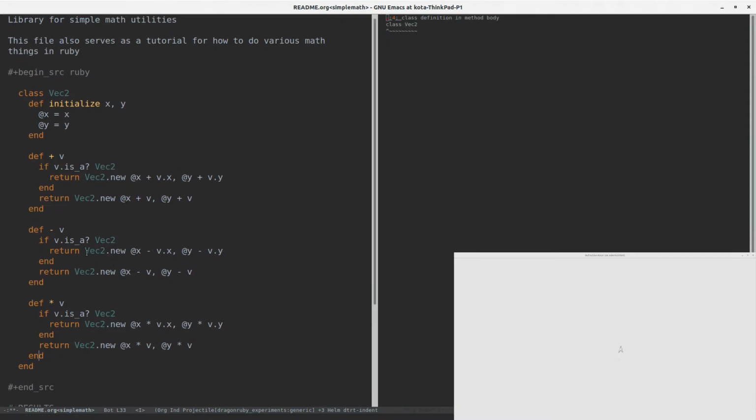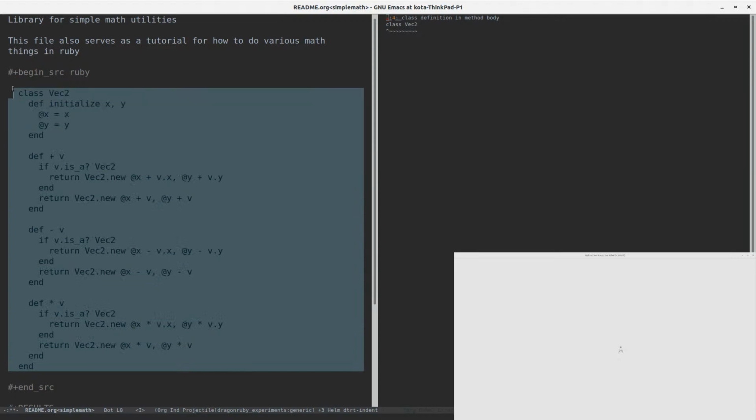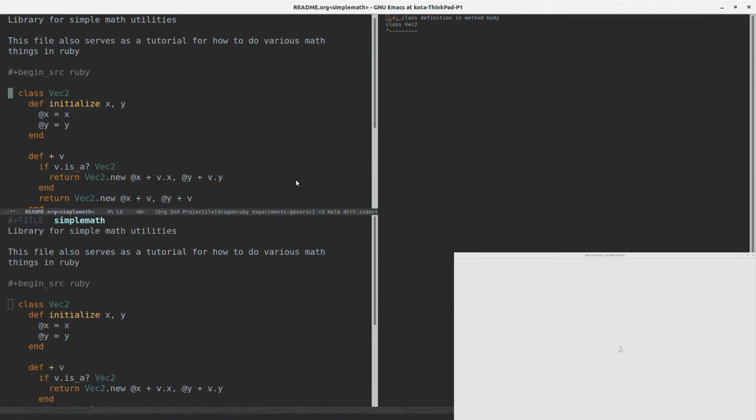Obviously, this doesn't do anything. Class definition and body. Well, I did something dumb here. What did I do? Something stupid. Class definition method body. Okay, we'll just stick this in DragonRuby and see what happens.